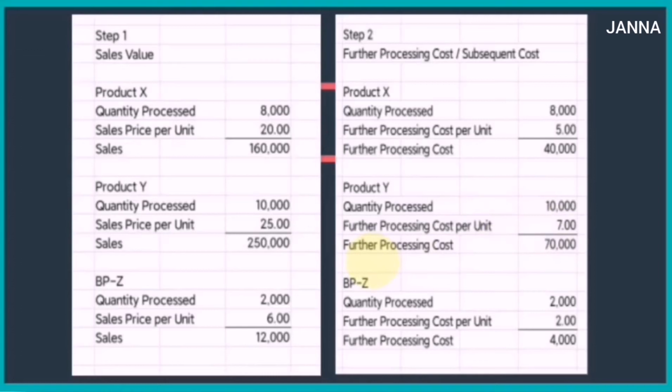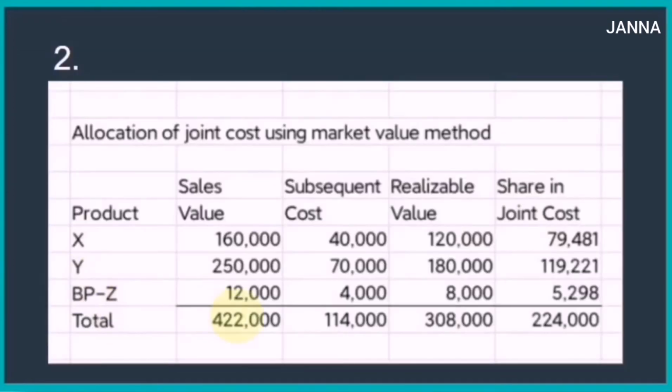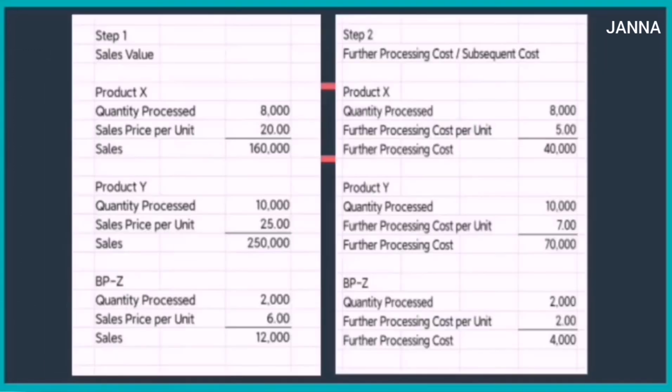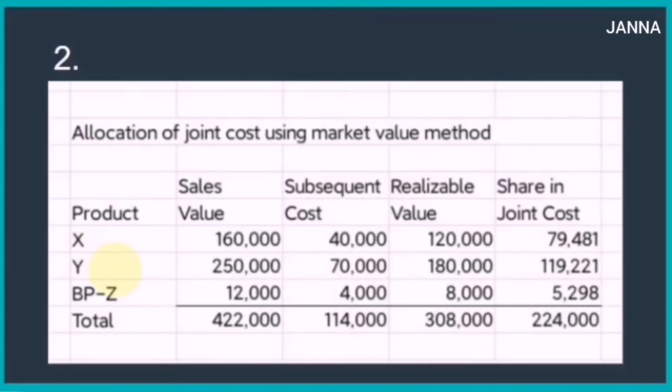Then, byproduct Z, subsequent cost, 4,000: quantity processed, 2,000 multiplied by further processing cost per unit na 2 pesos. So, we have a total of subsequent cost na 114,000 pesos. By the way, sa sales value niya, ang total is 422,000.